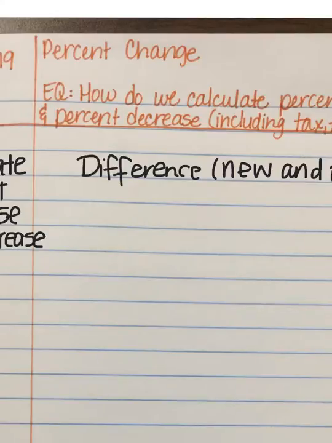So it could be the new or original cost, the new or original amount, the new or original total, however that's described, but just know that you're looking at the new and the original. That's a parenthesis, looks like a little bracket.